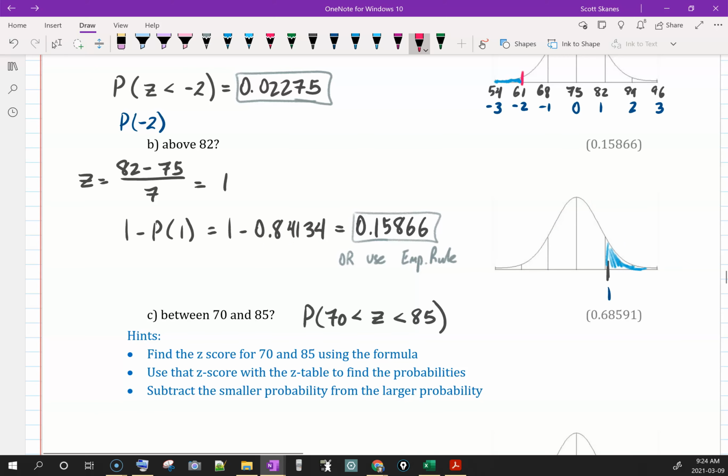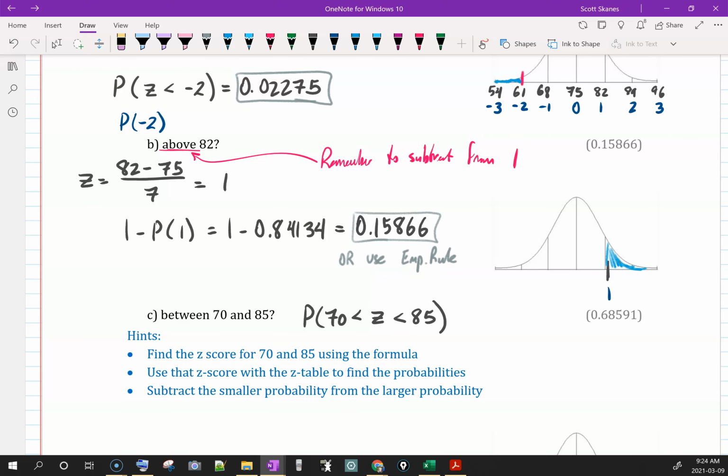So the big takeaway is that whenever you have above a z value, remember to subtract from 1. That's kind of the big trick here, okay? Just be careful. I also said here, use the empirical rule.